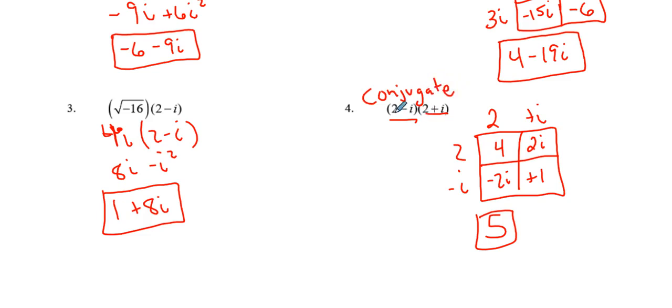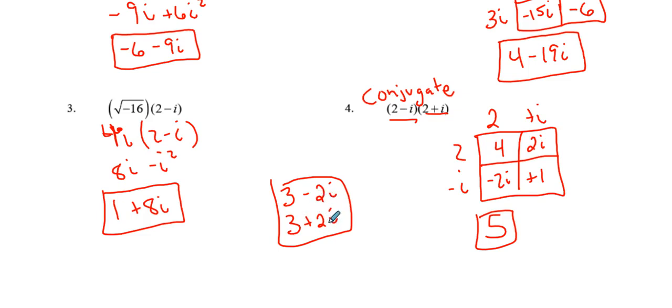A conjugate pair will be a binomial, right? So 2 minus i, 2 plus i. Another conjugate pair, let's say I had 3 minus 2i. The conjugate to 3 minus 2i would be 3 plus 2i. So again, just to refresh your memory on conjugates, those would be conjugate pairs.